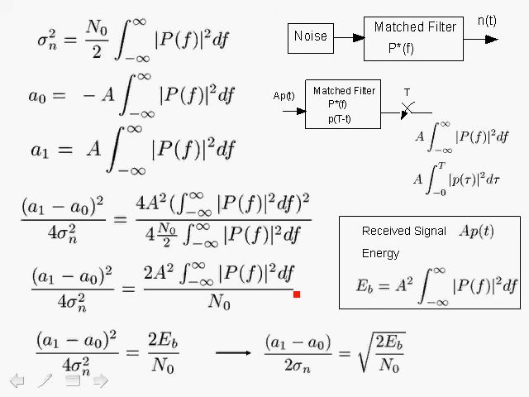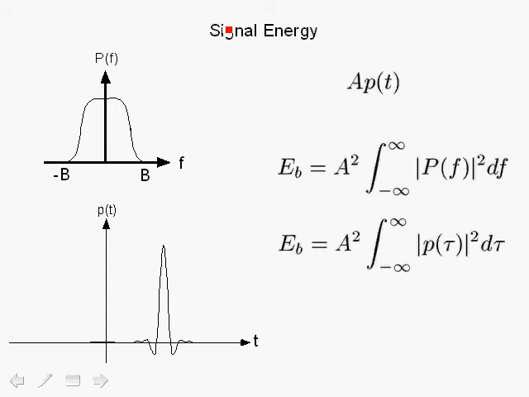Now if we pay close attention to this expression, we need to focus on this term over here, where we have the expression A squared times the integral from minus infinity to infinity of the magnitude P sub f squared df.